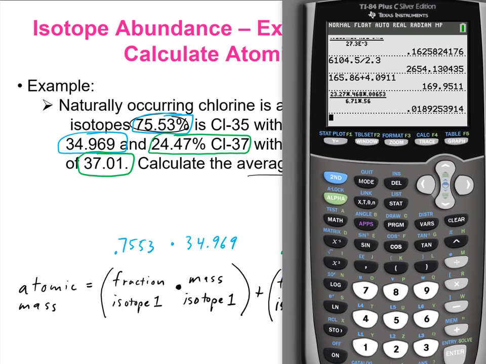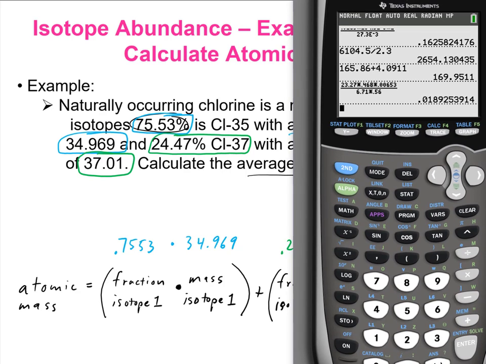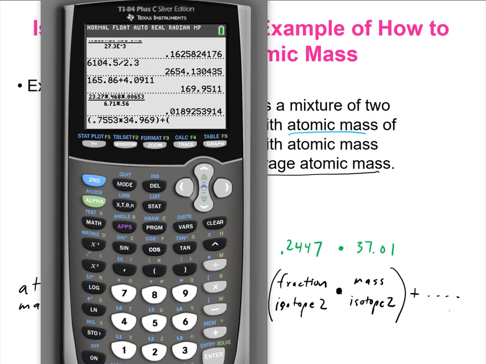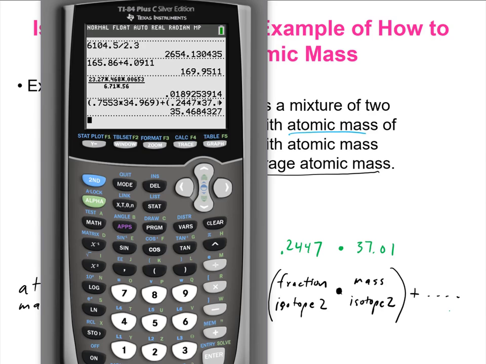So here's my calculator, and I'm going to enter it like this. 0.7553 times, actually I'm going to add my parentheses, and then 34.969, close parentheses, add to the next fraction, the next isotope, which is 0.2447 times 37.01 equals, and I get 35.47.